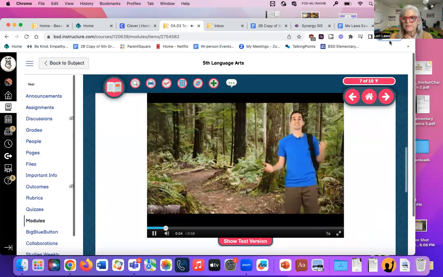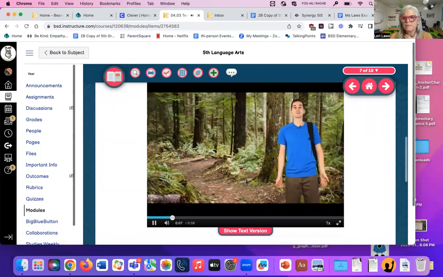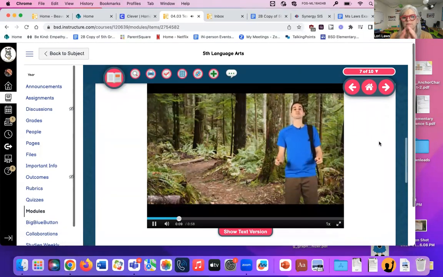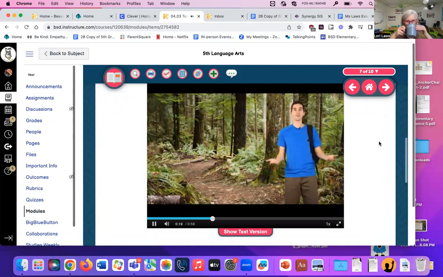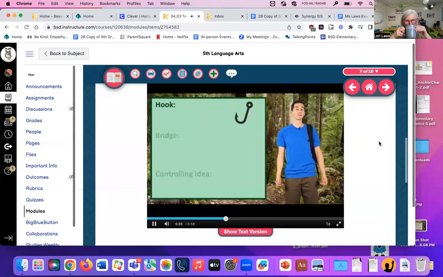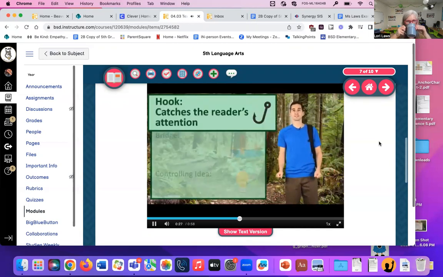Setting off on a hike is exciting because I never know what's in store for me on the journey. That's why I always look forward to the beginning of an essay. The introduction in an informative or opinion essay is one of the most important parts. Why? Well, the introduction has 3 pieces: the hook, the bridge, and the controlling idea. The hook catches the reader's attention and makes them want to keep reading.